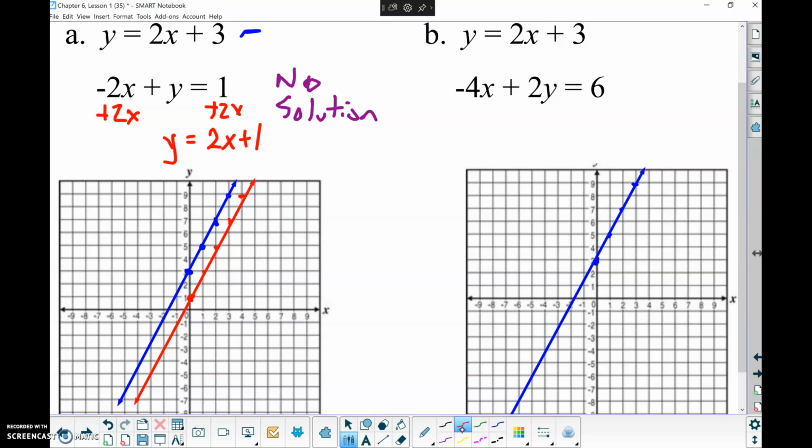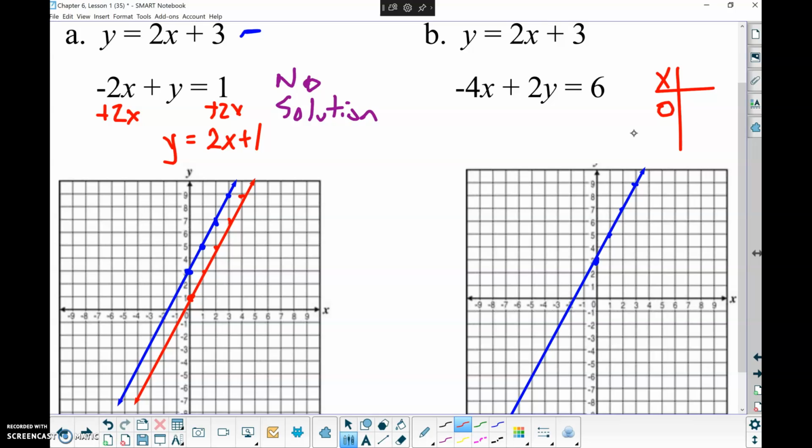Now, negative 4x plus 2y equals 6. Here I don't have just y by itself. So I'm going to do something a little bit different. I'm just going to pick some values. Like I might let x equal 0. I like 0.